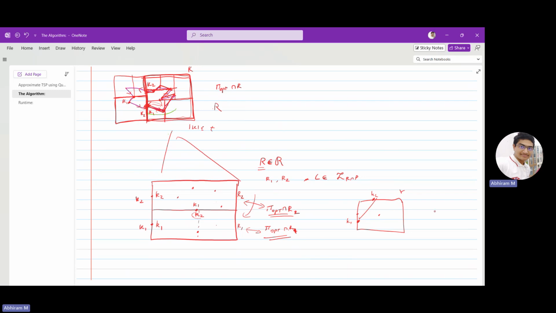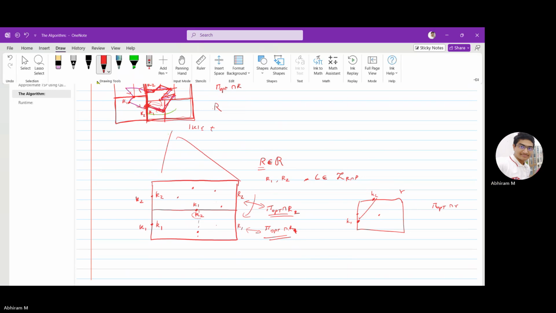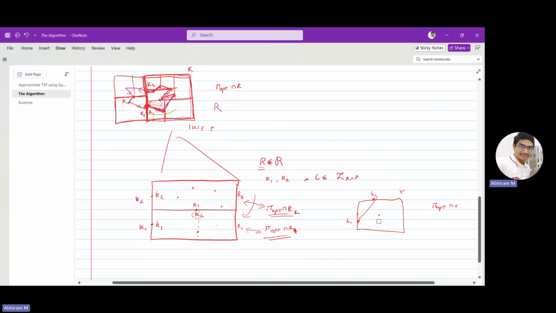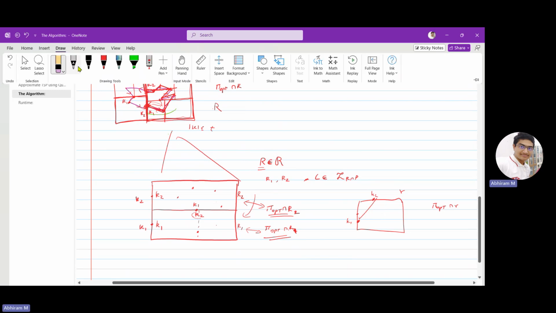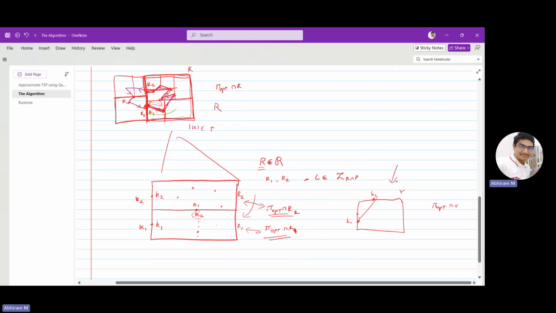Let's call this small r because it's a small rectangle, and so pi opt intersection small r is going to be this line. But irrespective of how trivial this case may seem, what I want to think about is that if the answer to this subproblem was anything other than pi opt intersection small r, then in my original solution, I can replace whatever is there in the corresponding rectangle with whatever I found.